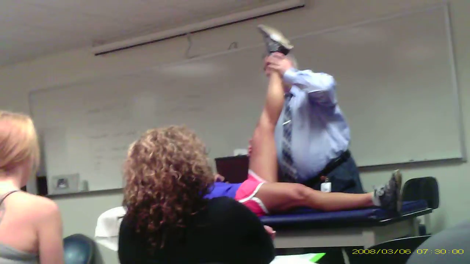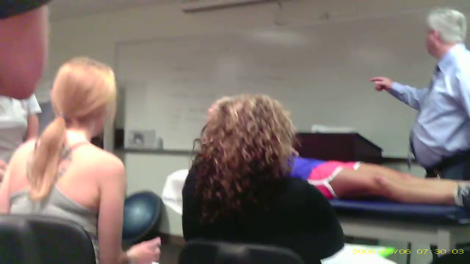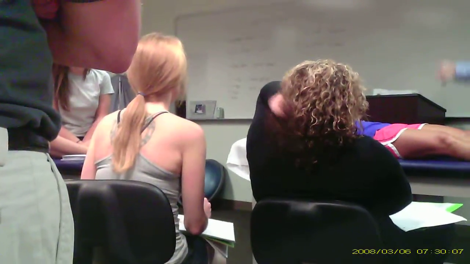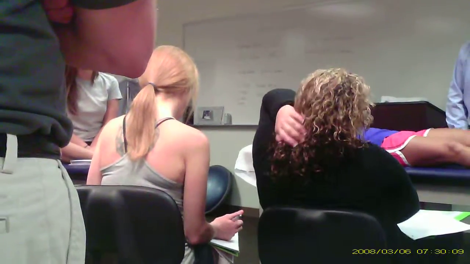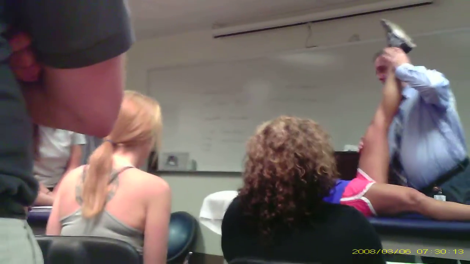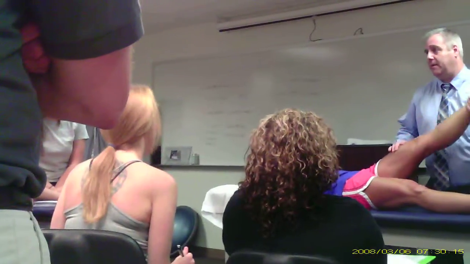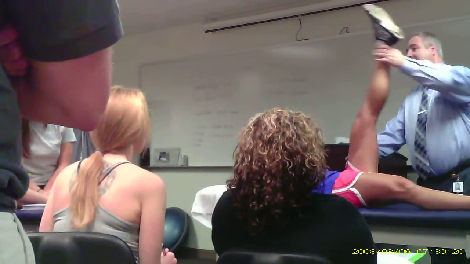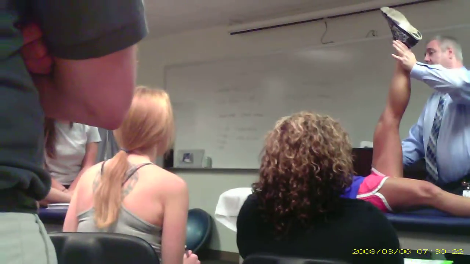The contract relax agonist contract is going to be this. I bring her up, she contracts, let her come all the way down, now she relaxes, now lift her leg up. Her agonist muscle is contracting, and then she gets new range.